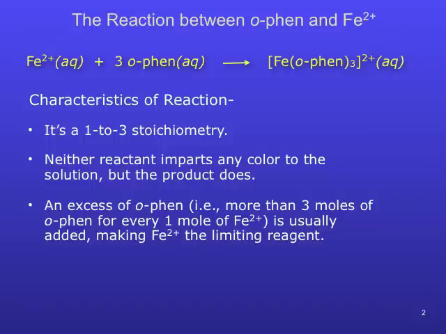This reaction is actually in equilibrium, and by using an excess of orthophenanthroline, a relatively accurate and straightforward calculation can be completed to determine the concentration of ferroin formed, derived from the amount of iron 2 initially present.